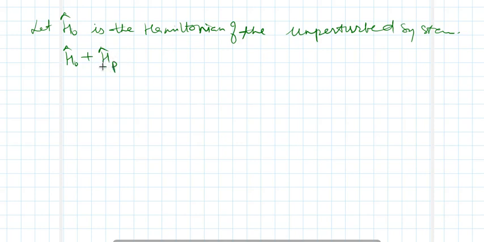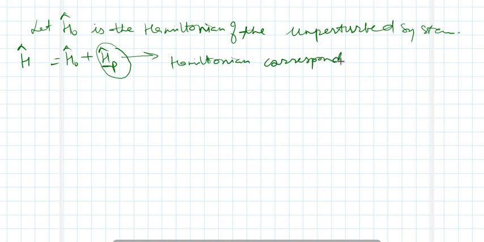That means some additional term HP will be there, and our actual Hamiltonian will become H. This HP is basically the Hamiltonian corresponding to perturbation, and this perturbation Hamiltonian should be very, very small.